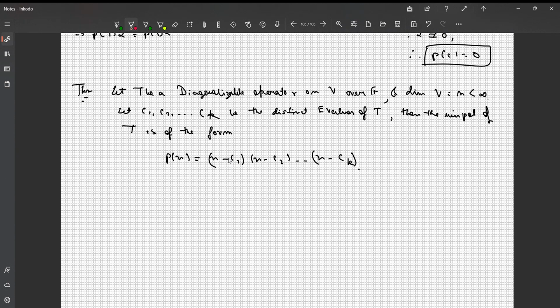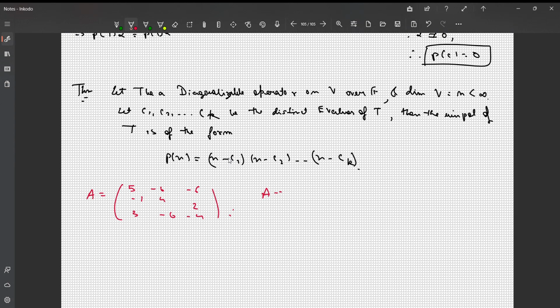So what was the example? Let me just view it once. One second. Yeah. So the example was A equals 5 minus 6 minus 6, minus 1 4 2, and 3 minus 6 minus 4.